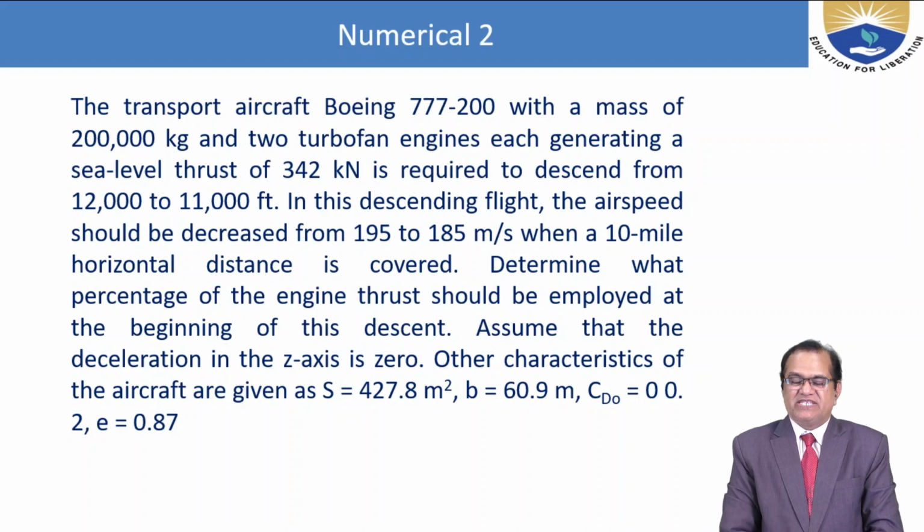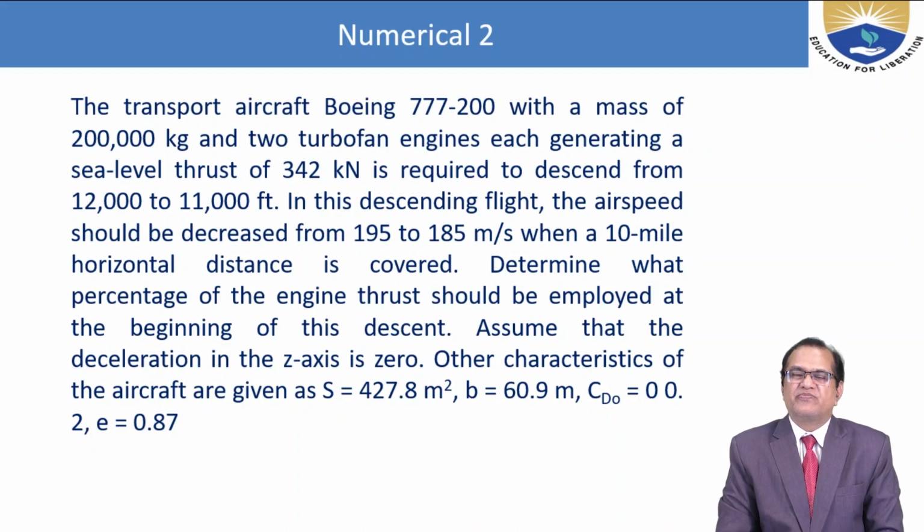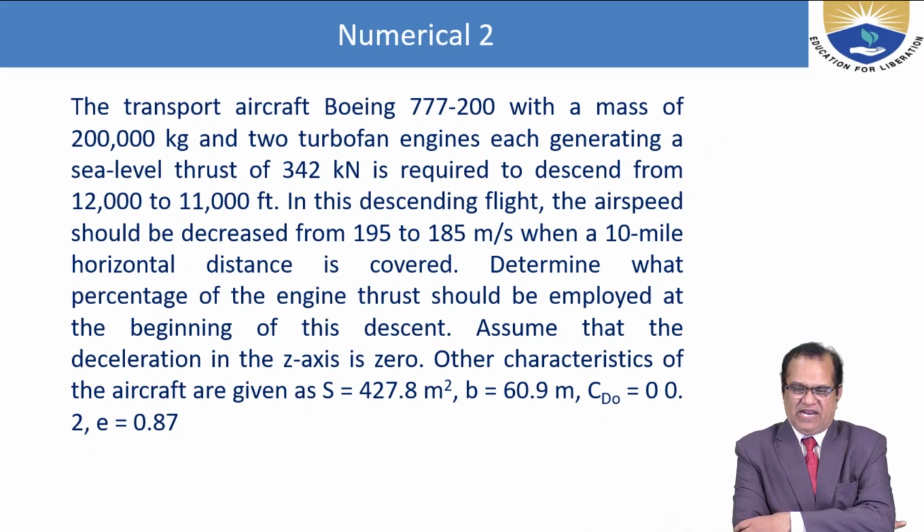So these are the data which are given for our question. In this, the mass of the aircraft is 200,000 kg. We have the two turbofan engines. So here we have to see that turbofan engines are utilized.